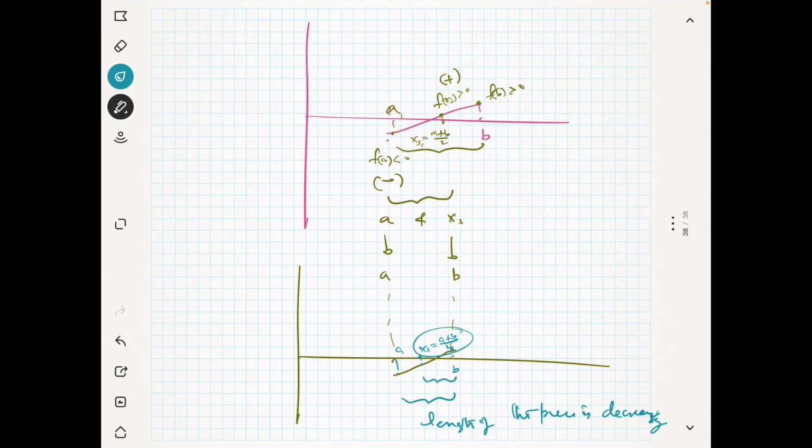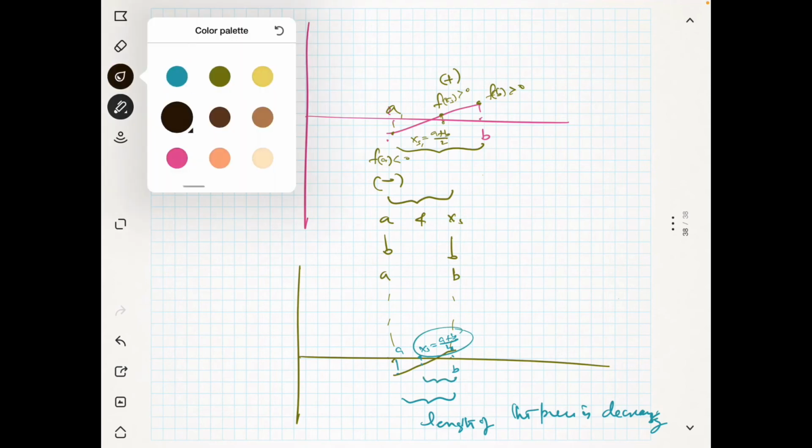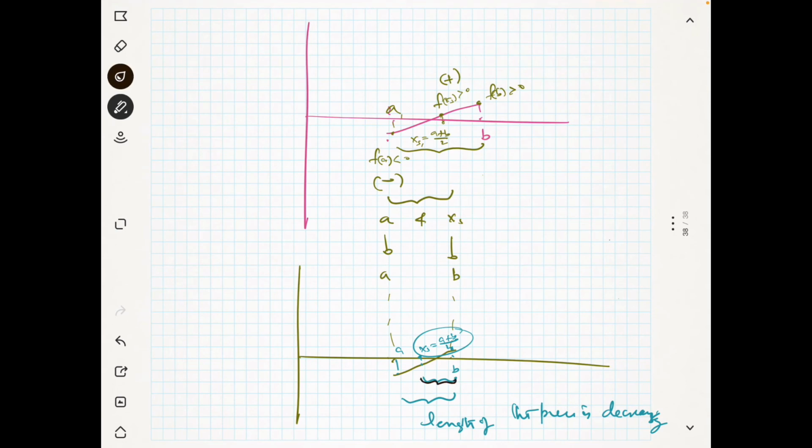So what is the expected error? The maximum error I can get here, this is my epsilon, or I can say error. So my error is always actually the absolute value of x minus b, which I can say is nothing but b minus a divided by 2.